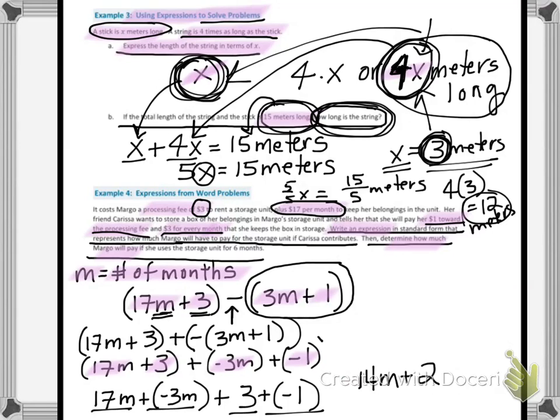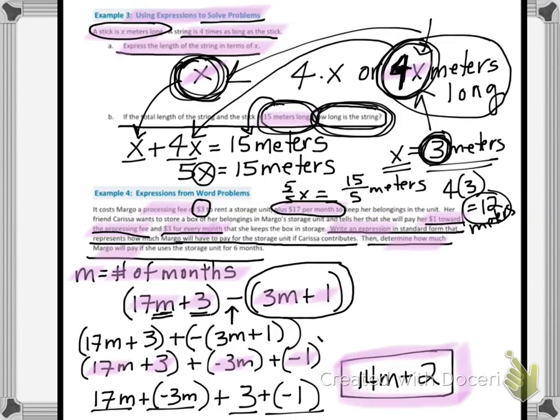So 14M plus 2 is the expression in standard form that represents how much Margot will have to pay for the storage unit if Carissa contributes. That's the expression she can apply to find out how much she will have to pay.